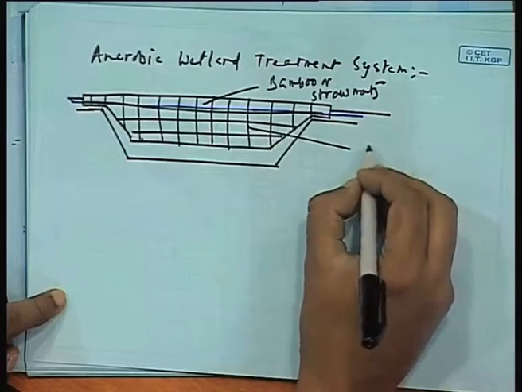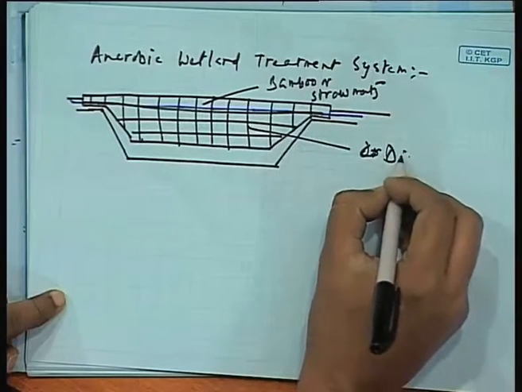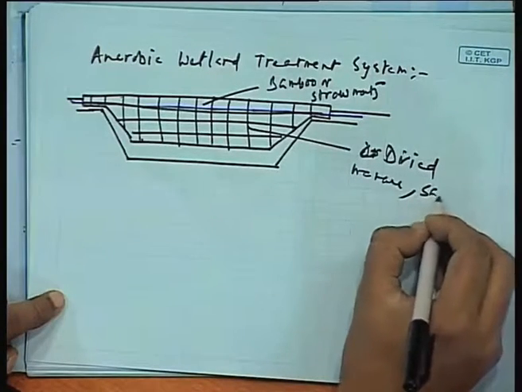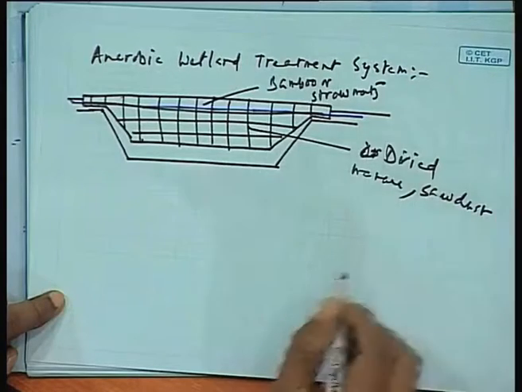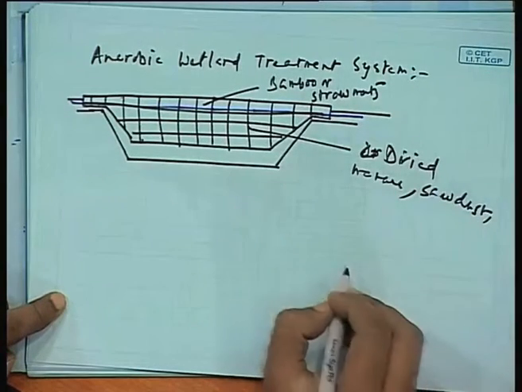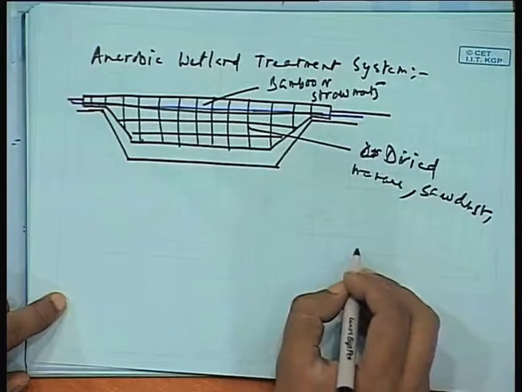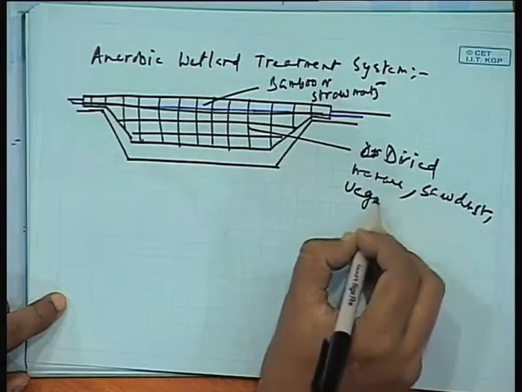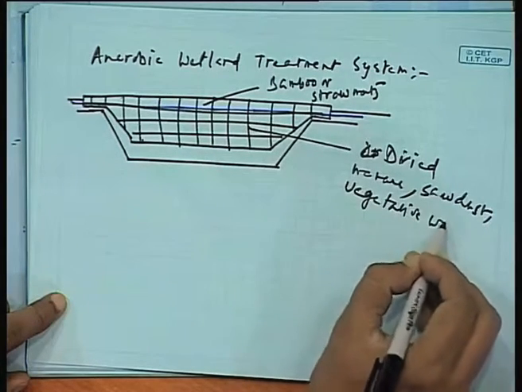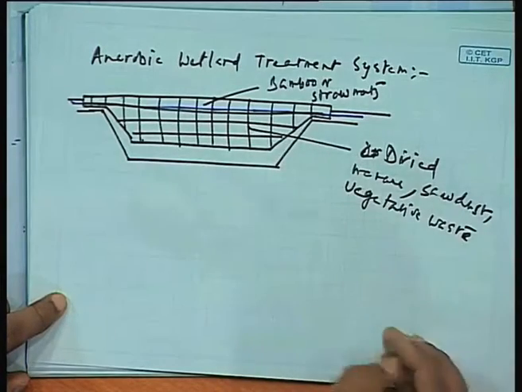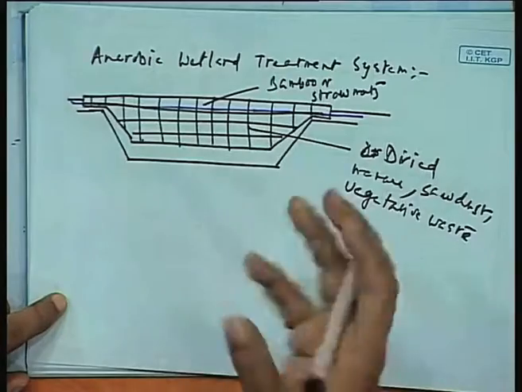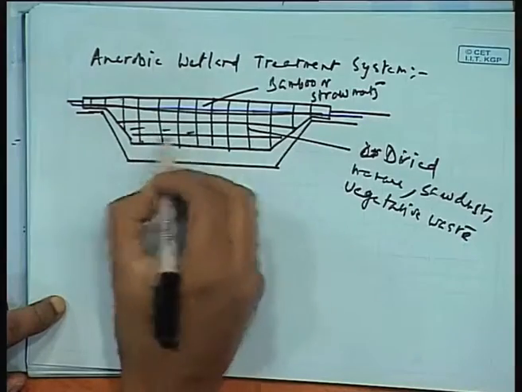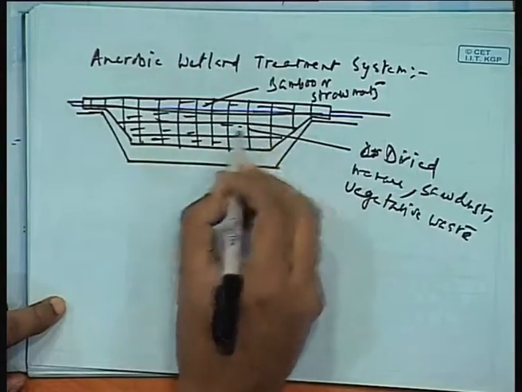This would be organic dried manure, sawdust, any different kind of sawdust, any other kind of vegetative waste, say dried fruit covers. All this can be used in this case. This is what would be the capping.